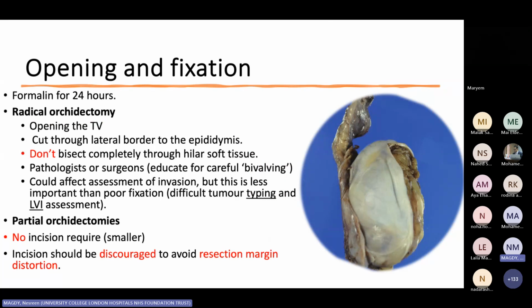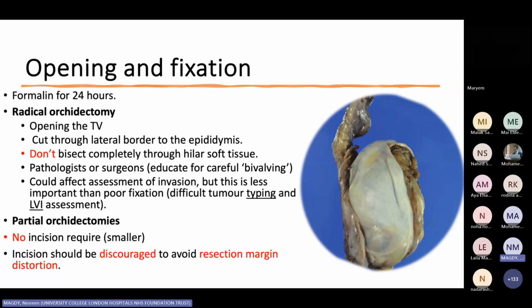Moving to opening the specimen and fixation, the specimen should be properly fixed in neutral buffered formalin for at least 24 hours. This is of paramount importance to preserve the histology findings, which are crucial for the proper treatment of the patient, not only for tumor typing, but also for proper finding of prognostic factors like the presence or absence of lymphovascular invasion.